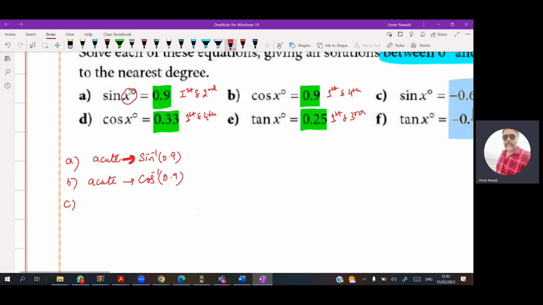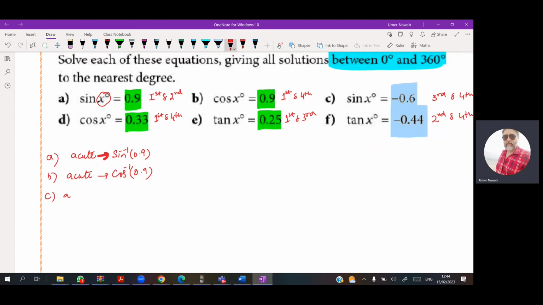In the C part, you'll write your acute angle, shift sine. Don't write the minus sign to find the acute angle. Just write shift sine of 0.6 because I'm interested in the acute angle, the first quadrant. The acute angle for the D part, shift cosine of 0.33.